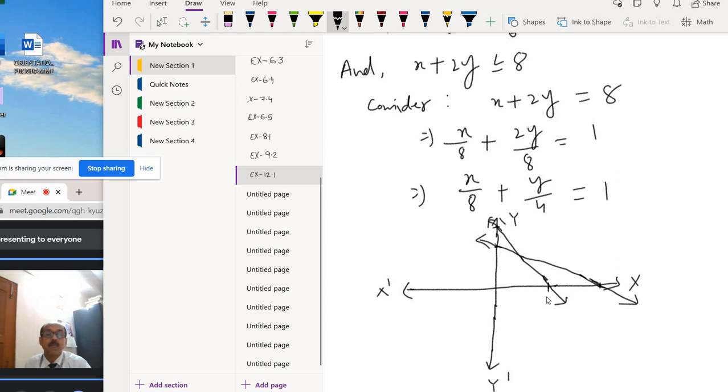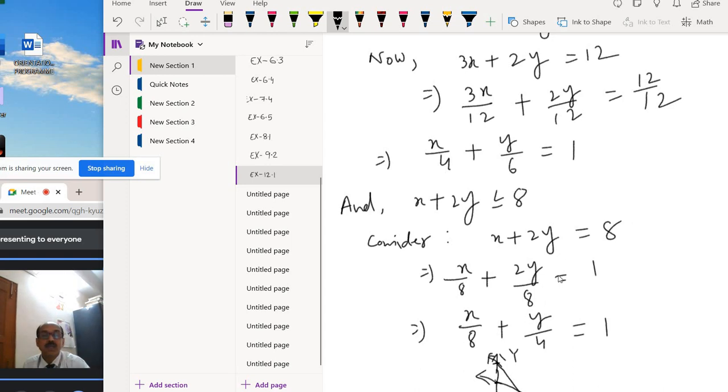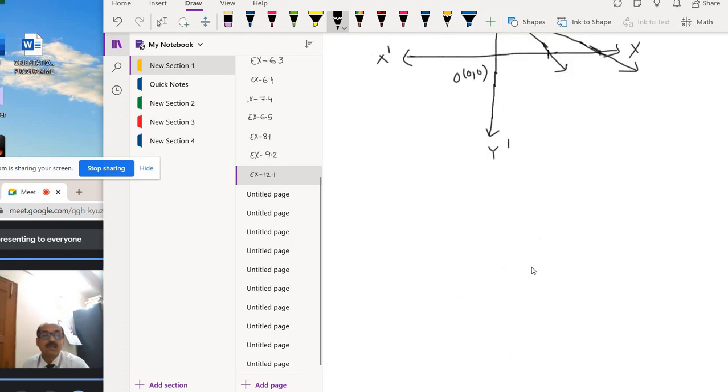Okay, so x equals 8, y equals 4, so this is the coordinate of this point, and this is the origin O, 0, 0. Now find the direction one by one. First line is x plus 2y less than or equal to 8.